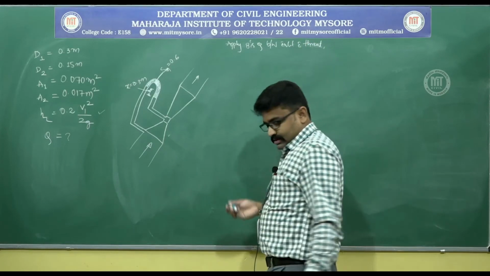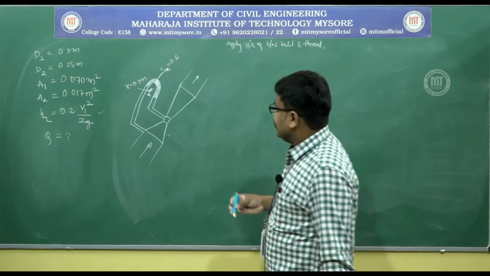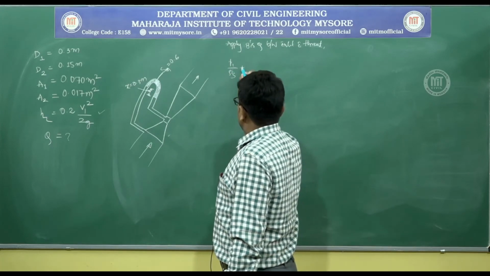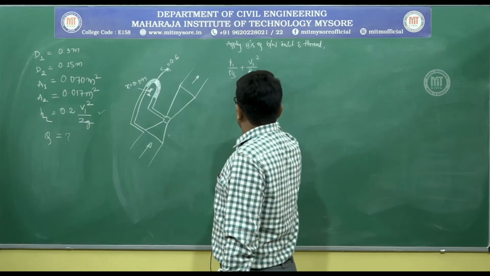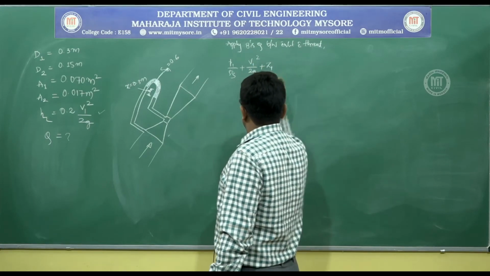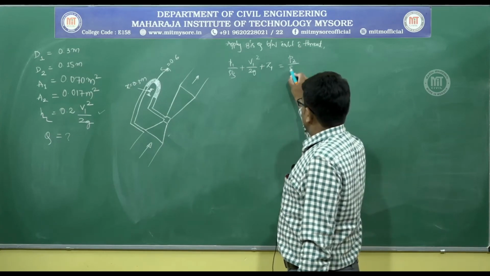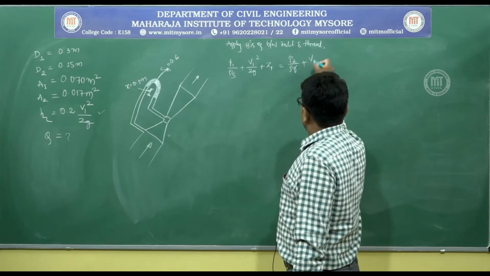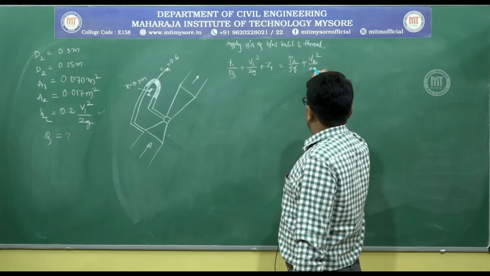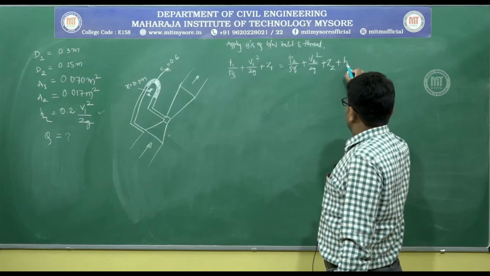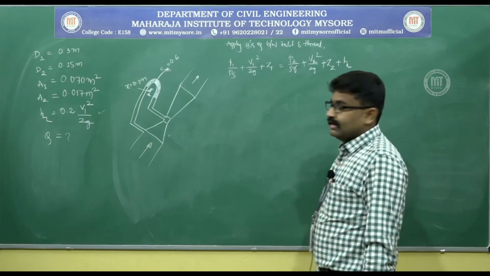Energy at inlet is P1 by rho g plus V1 square by 2G plus Z1. This must be equal to P2 by rho g plus V2 square by 2G plus Z2 plus, do not forget to write HL.